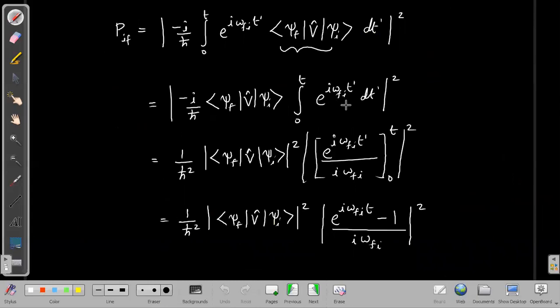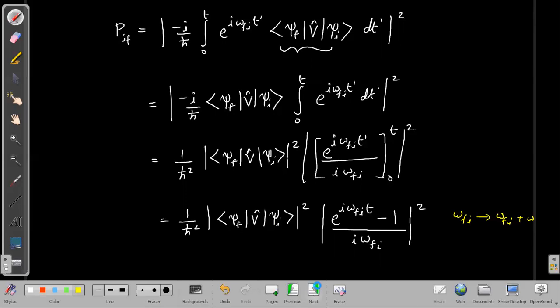If you integrate it, you'll get e raised to iω_fi t minus 1 by iω_fi, the mod square. The only difference is, instead of ω_fi, we have ω_fi plus ω. You have to just replace ω_fi with ω_fi plus ω. That is the only difference.